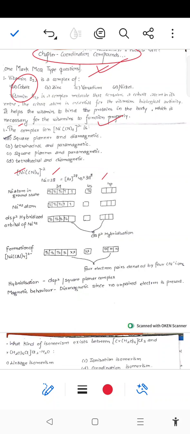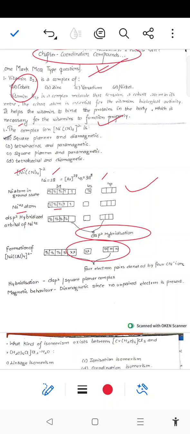So in the ground state, this is shown here in Ni2+, by losing the 2 electrons, that is nickel 3d8. So after the cyanide ligands approach, 4 vacant orbitals are created, and dsp2 hybridization is formed.